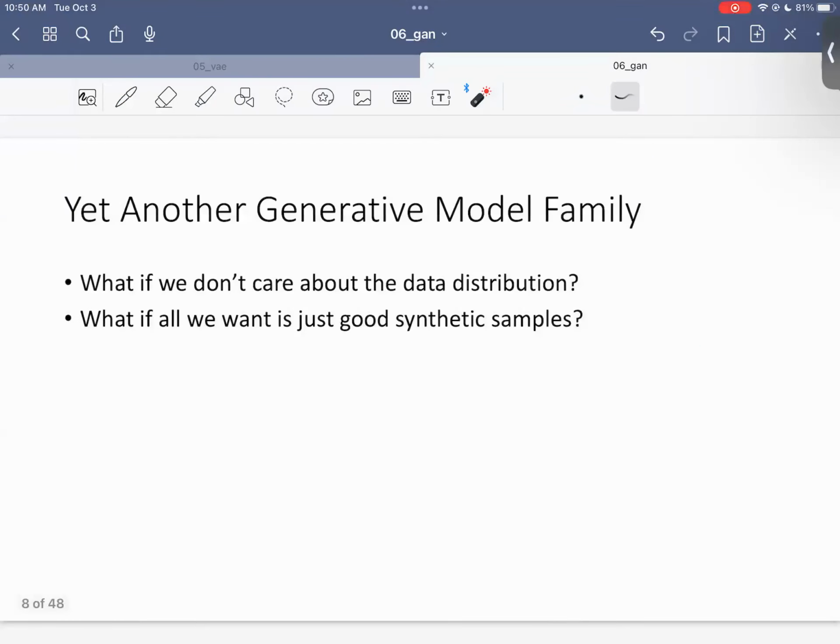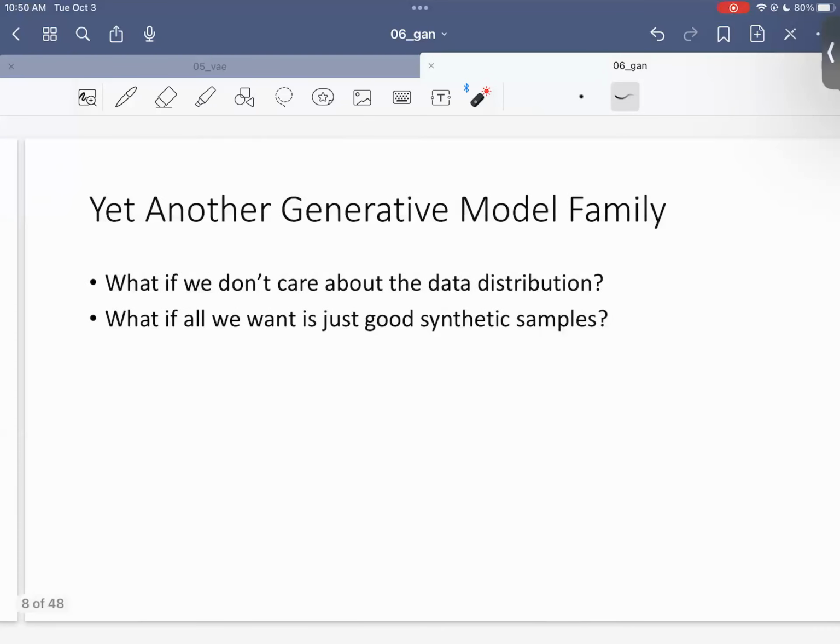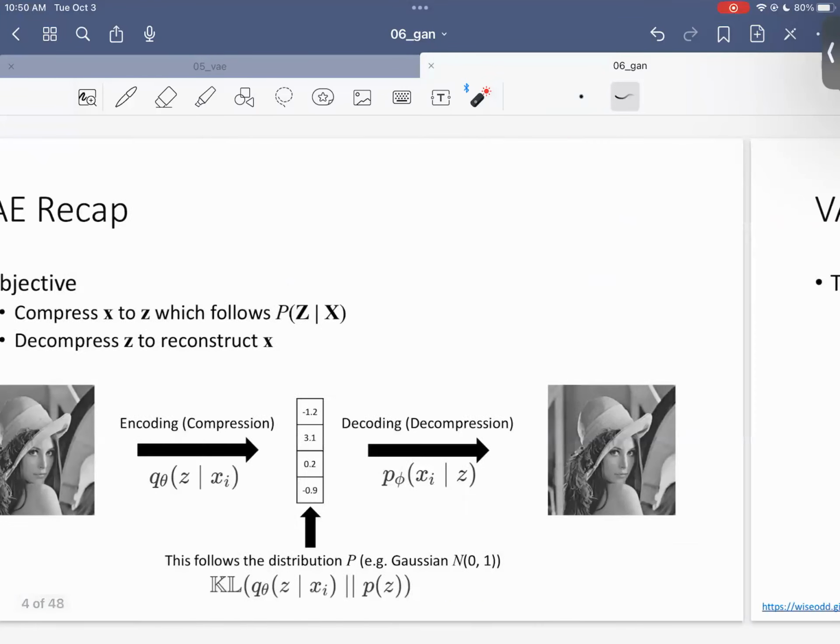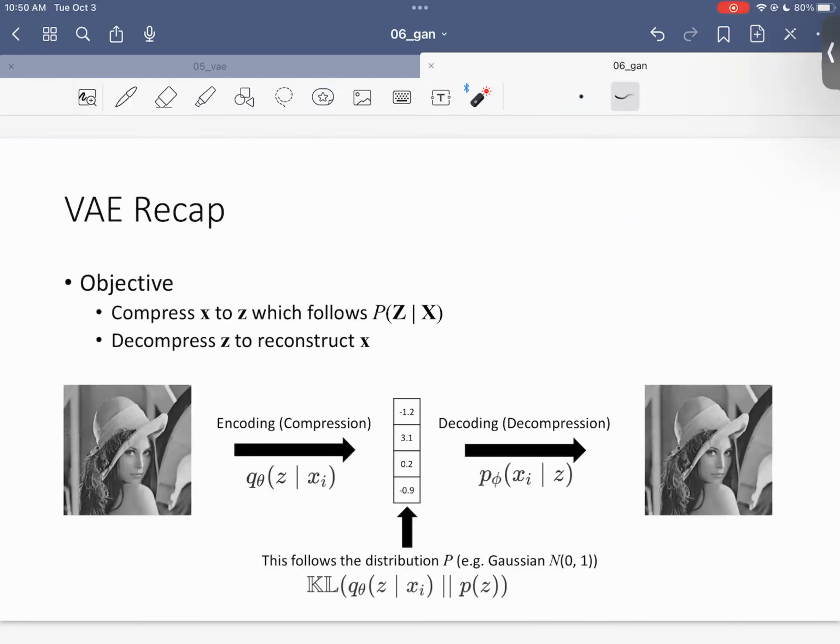And then there's another generative model family. With the VAE, we are mathematically approximating the true sample distribution: where does the image come from? You can imagine an image having a distribution in a latent space. If your image is 128 by 128 by 3, then you can think of a space where all samples are scattered.